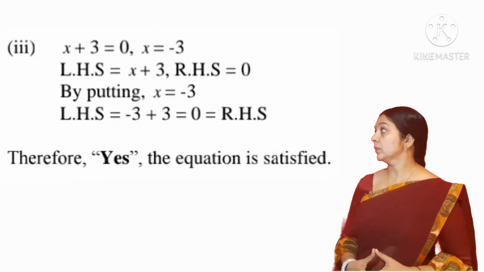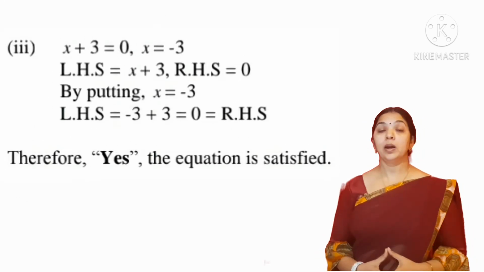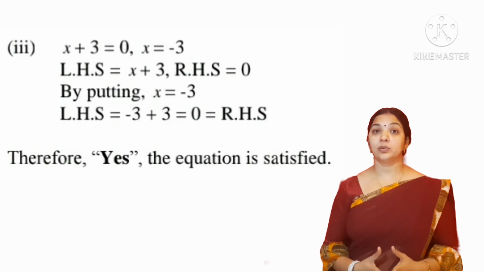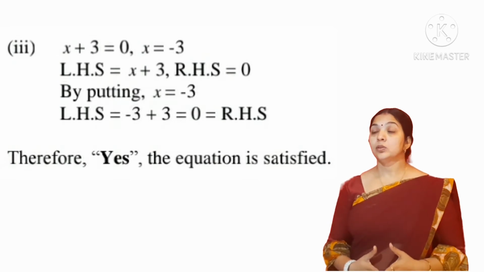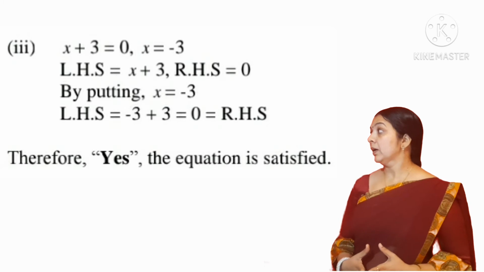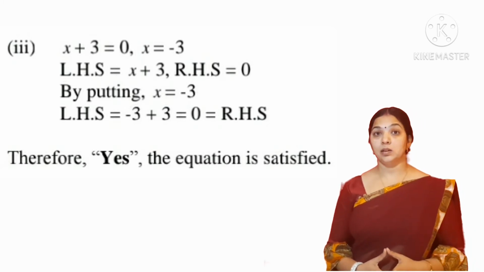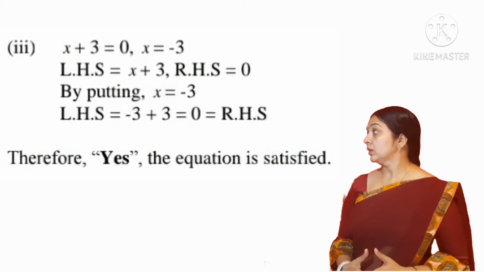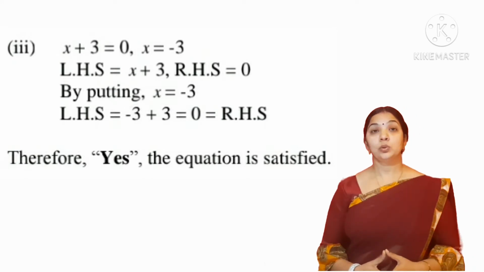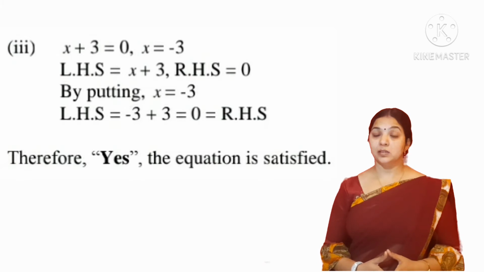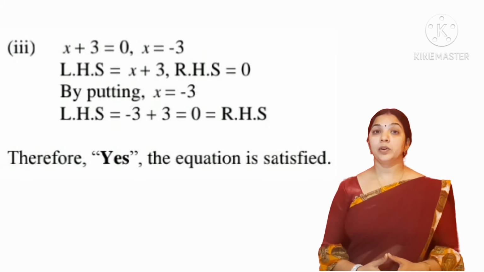Third is x plus 3 is equal to 0, and the value given is x is equal to minus 3. So we will replace x by minus 3 in LHS. So minus 3 plus 3 is equal to 0, and that is equal to RHS. So yes, x is equal to minus 3 satisfies the given equation.